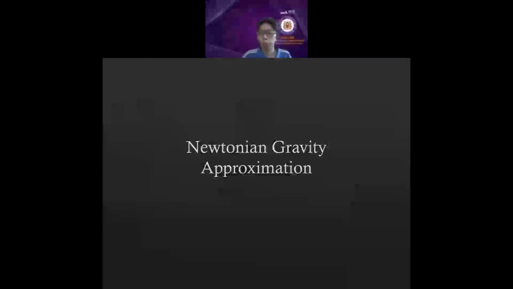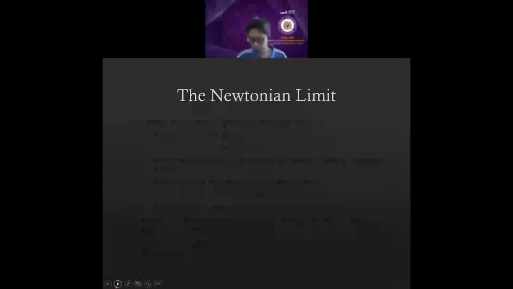But one of the things that GR must be able to reproduce is the standard Newtonian gravity in a certain limit. In certain situations, it must be able to reproduce Newtonian physics.